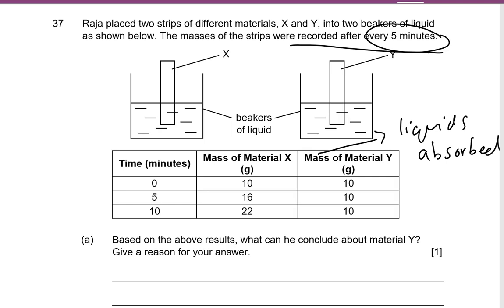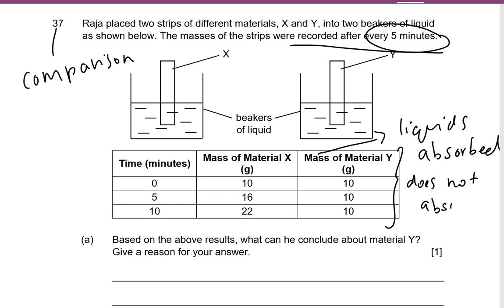Now, out of these two materials, I know this question must be a comparison question because I'm comparing two things, two pictures given. So Y seems to be, the mass appears to be the same throughout. So what can we already say about Y? It does not absorb water. Okay? Does not absorb water. Whereas it seems that for X, it absorbs.